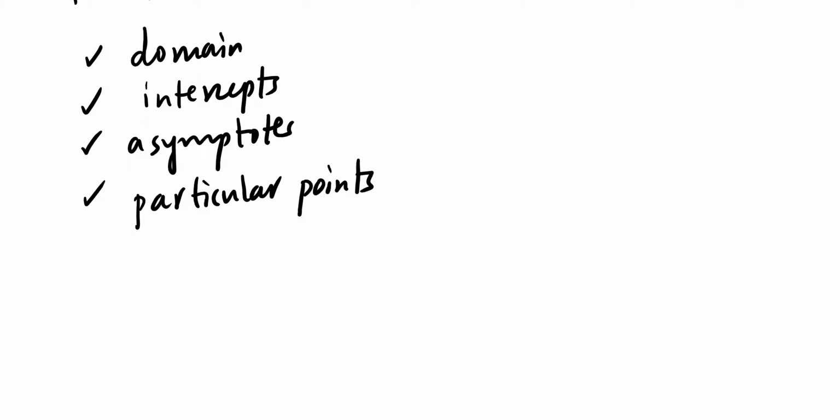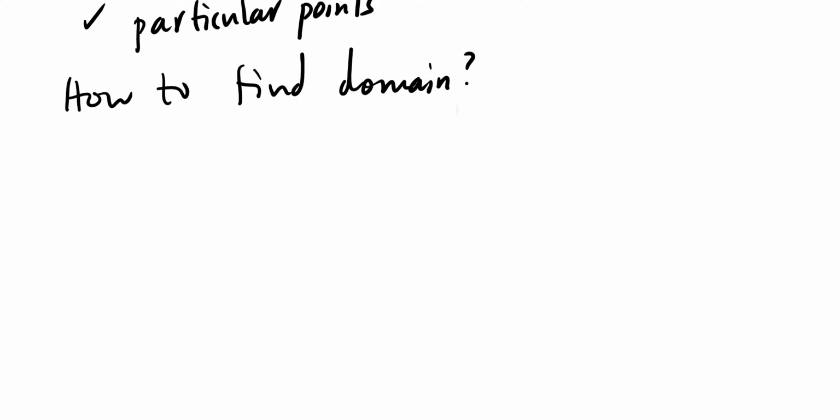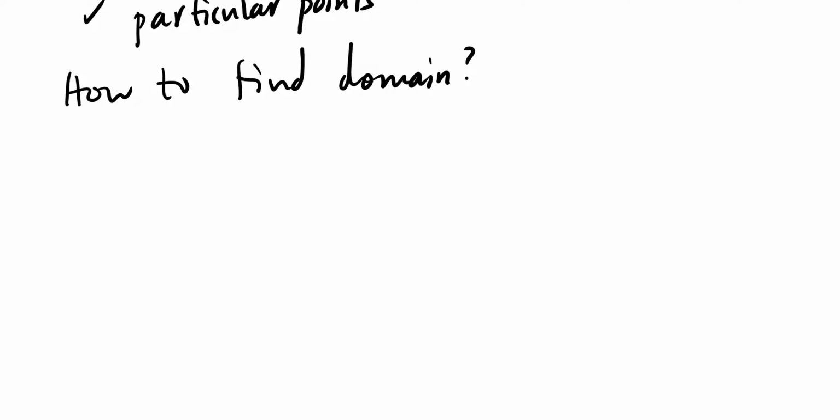So first, let's learn how to find the domain of given functions. Domain has to do with x values. So basically, what are the x values that you are allowed to use within a given function, and which values you are not allowed to use. If we look at an example such as y equals x over x plus 2, what would be the domain here?